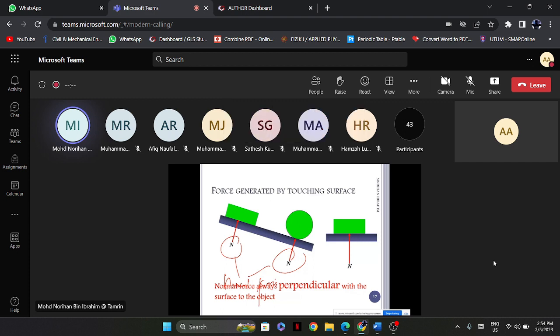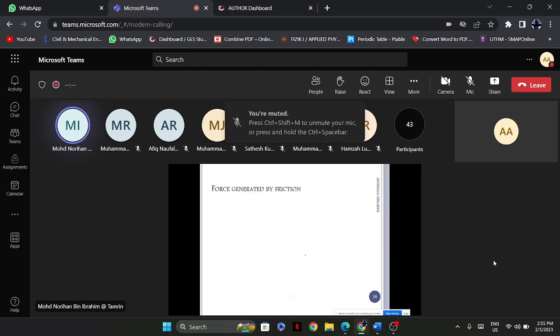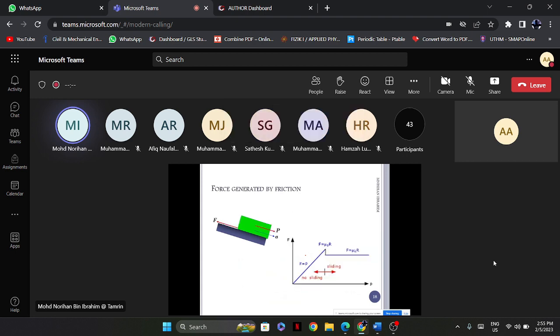So if the surface is like this, on an inclined plane, it will always be perpendicular, at a right angle to that surface. If it is flat, then the normal force will be flat too. So the next is concerned with force generated by friction.